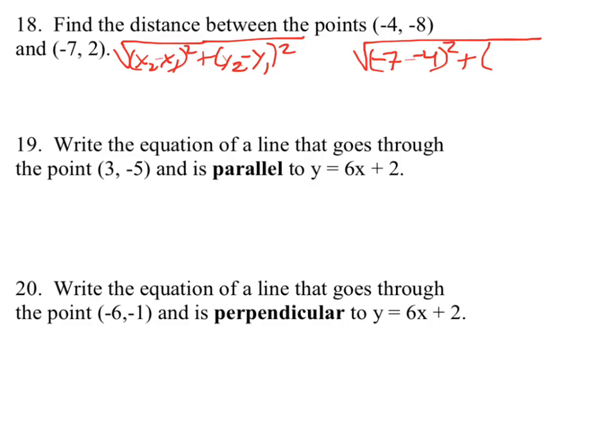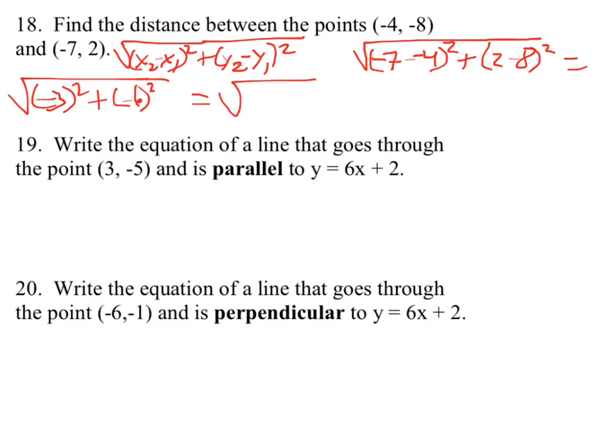And then I'm going to subtract the y's, so that's 2 minus 8. And we need to square those. -7 minus -4 is -3, which we'll need to square. And then 2 minus 8 is -6. I'll need to square that. If you square -3, you'll get 9. And then if you square -6, you'll get 36.